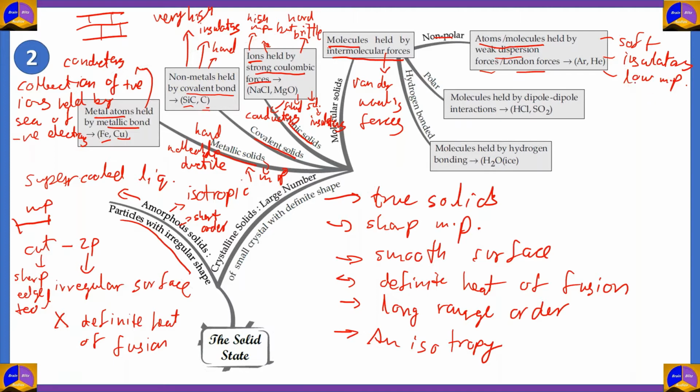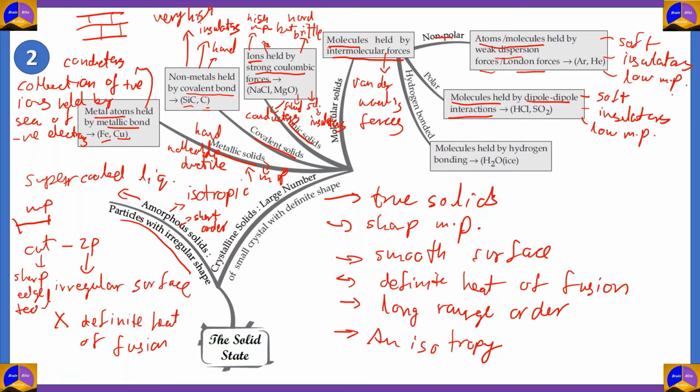Next, we have polar molecular solids. The reason why they're called polar is that the molecules here are held by dipole-dipole interactions. So the molecules which are present here are dipoles, so they have polar interactions, and that's why they have properties such as softness, and they're also insulators, and they have a low melting point.